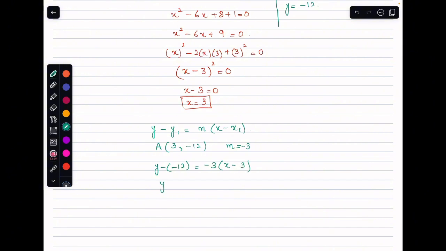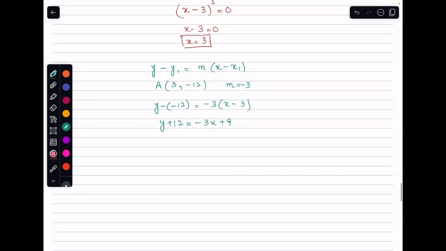Or I can say y plus 12 equals negative 3x plus 9. Or further, y plus 3x plus 12 minus 9 equals 0, or y plus 3x plus 3 equals 0.